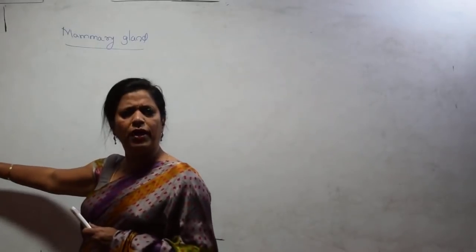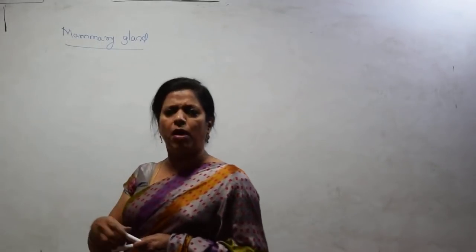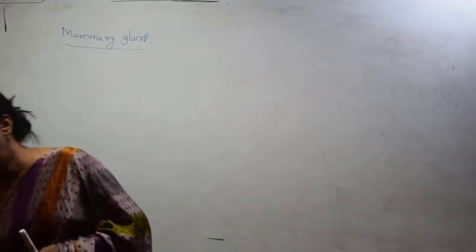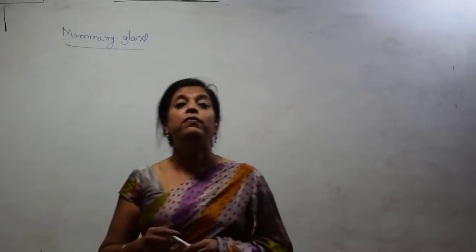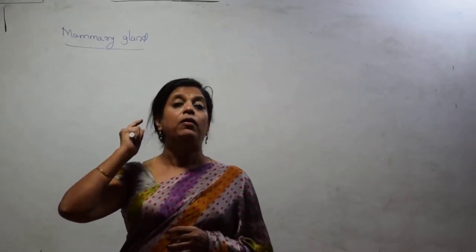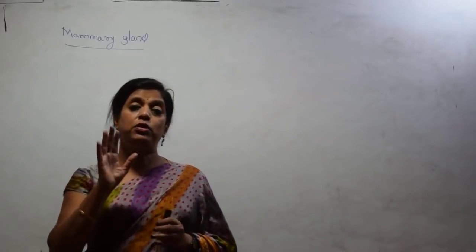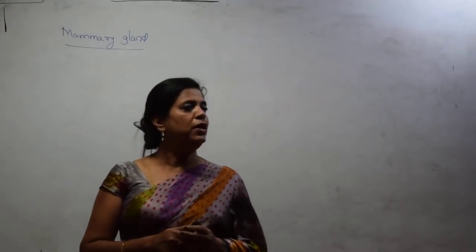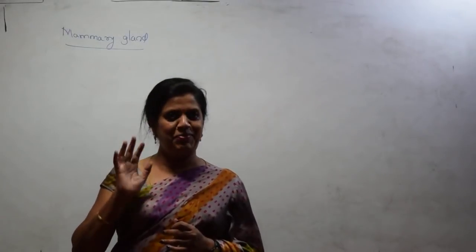I hope you know that females of all mammals feed their young ones with breast milk. The female mammary gland is an important structure for you, which appears for 5 marks. So let us draw it.